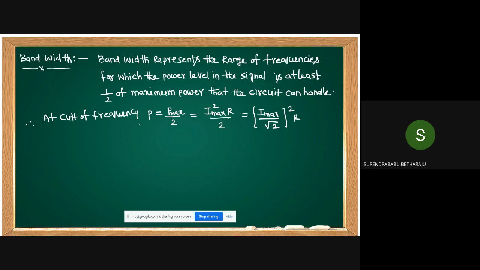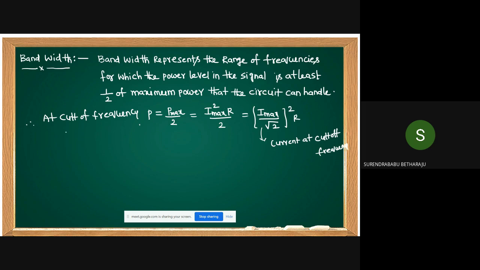That is the current at cutoff frequency. I maxima square by 2, I am writing as I maxima by root 2.